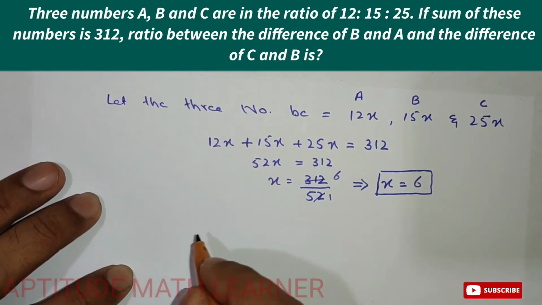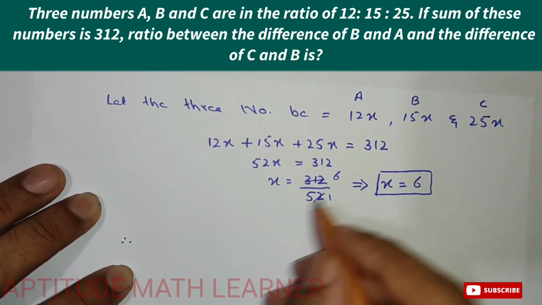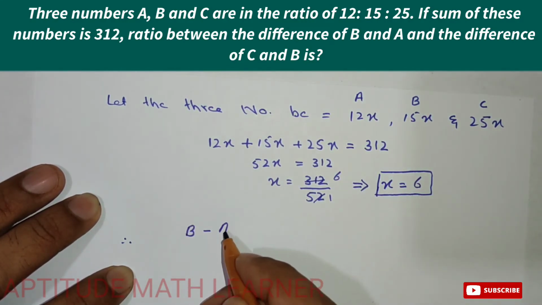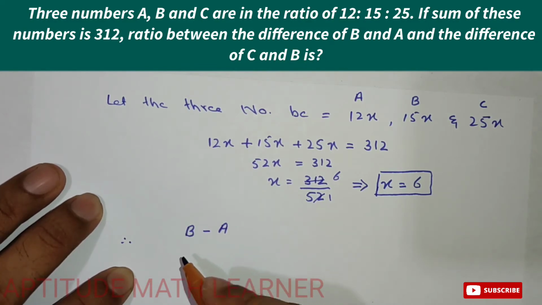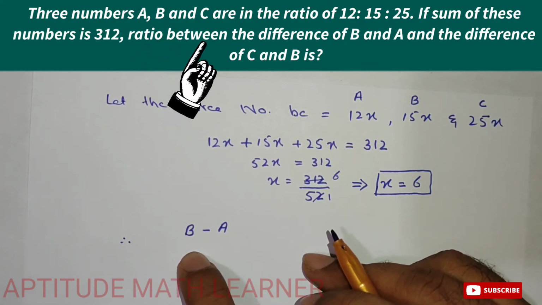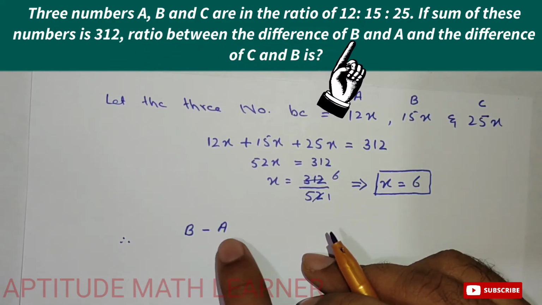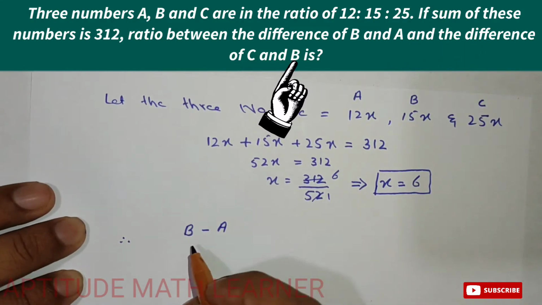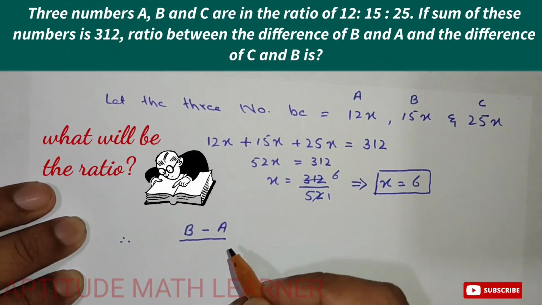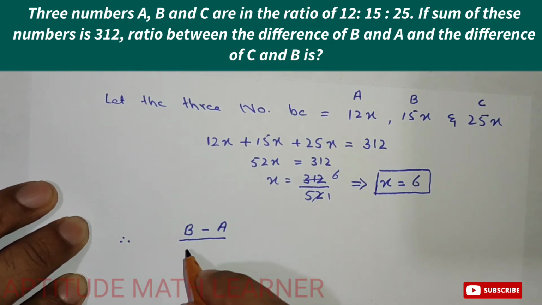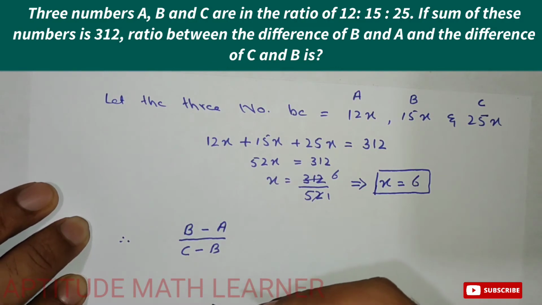Here we take the difference, therefore the difference of B and A is B minus A. And it says the ratio between the difference of B and A and the difference of C and B. So here we take the ratio for B minus A and C minus B. This minus represents the differences.